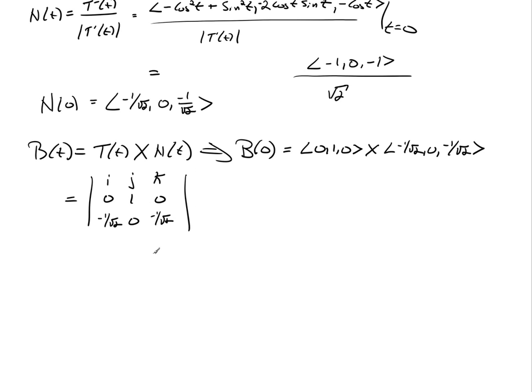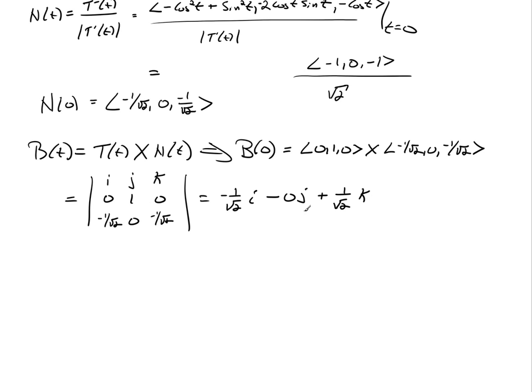For i, I'm going to have negative 1 over root 2 minus 0, so that's negative 1 over root 2 i. Minus, for j, I'm going to have 0, so this is 0 j. Plus, for k, I'm going to have 0 minus a negative 1 over root 2, so that's just 1 over root 2 k.